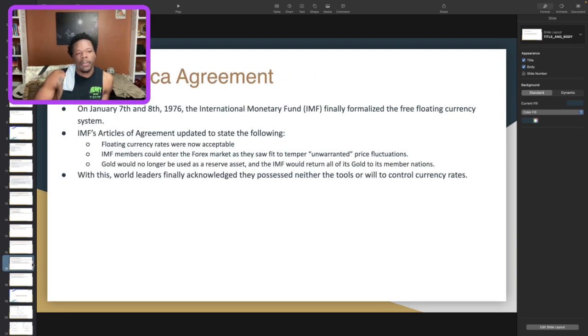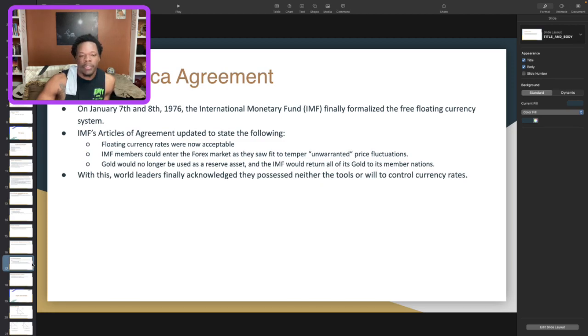And now, with the Jamaica Agreement, on January 7th and 8th of 1976, the International Monetary Fund finally formed a free-floating currency system. Basically, with the IMF, floating currency rates were now acceptable. IMF members could enter the forex market as they saw fit to temper unwanted price fluctuations.